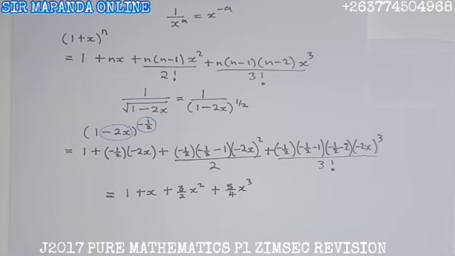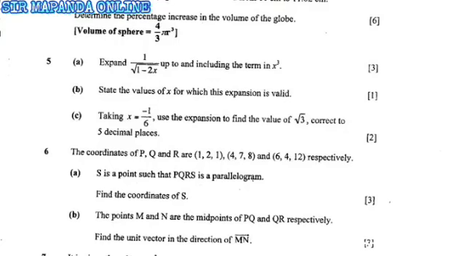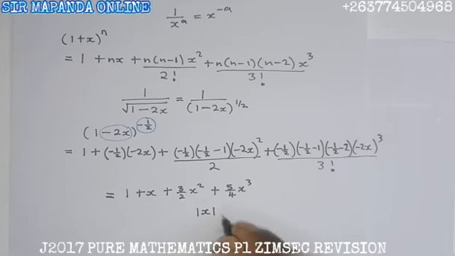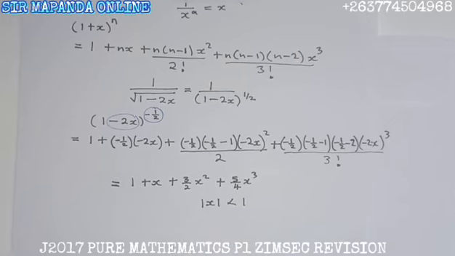We move on to part B. State the values of x for which the expansion is valid. So remember, for the validity of expansion, we use the formula: modulus of x is less than 1. On x, you put the value that was representing x in your substitution.